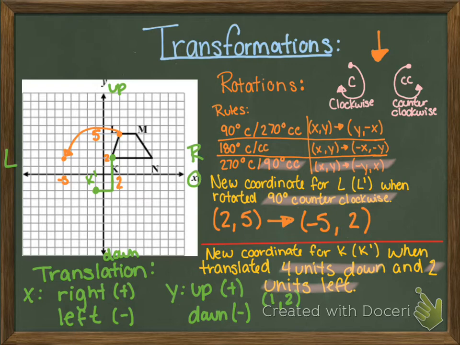You can also write this algebraically. So we would just do what changes occur within the directions in math. So 4 units down, that means we subtracted, and that's on the y-axis. 2 units left is subtracting, and that's on the x-axis. So for the x value, which was 1, we subtracted 2.